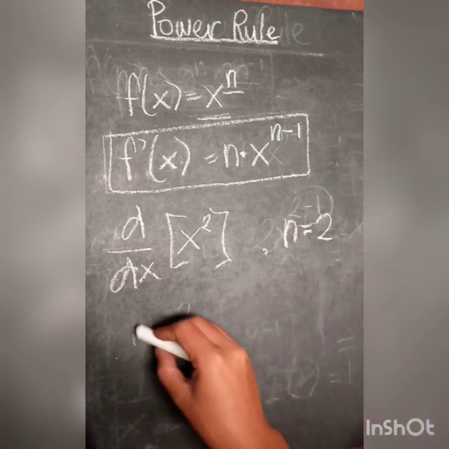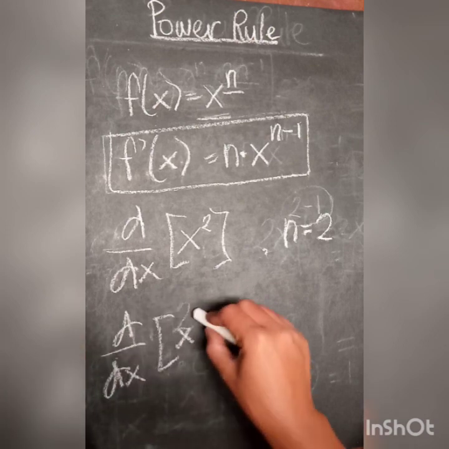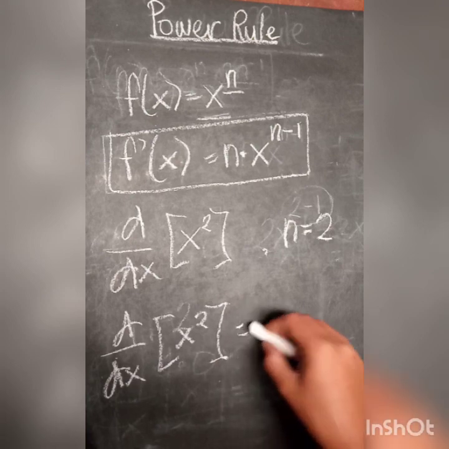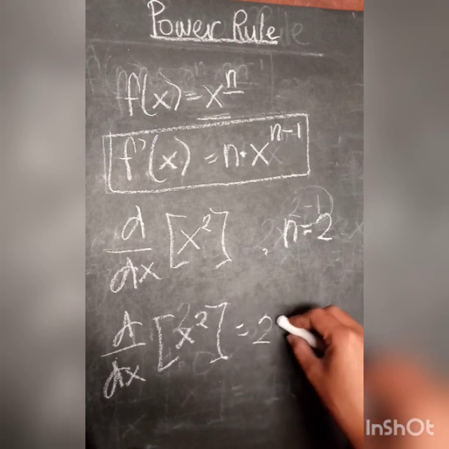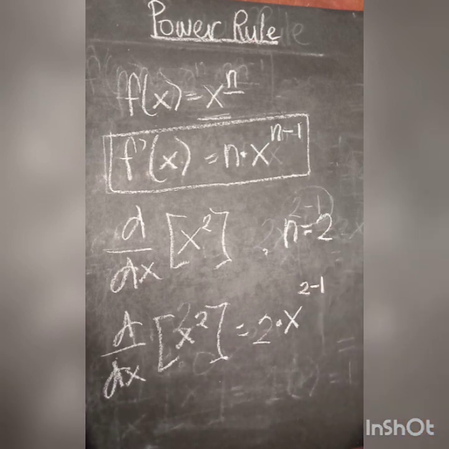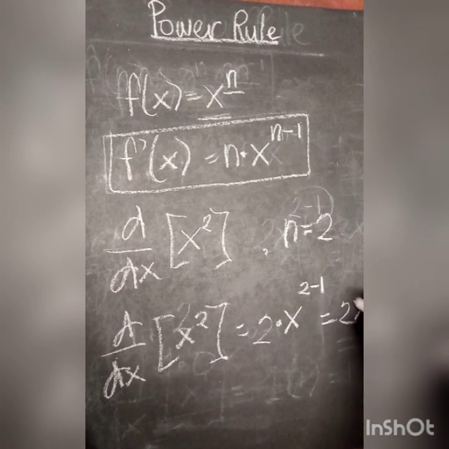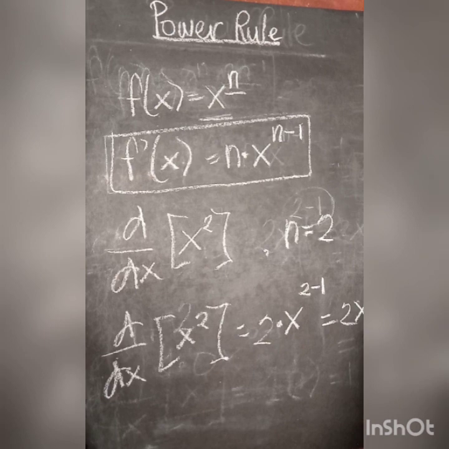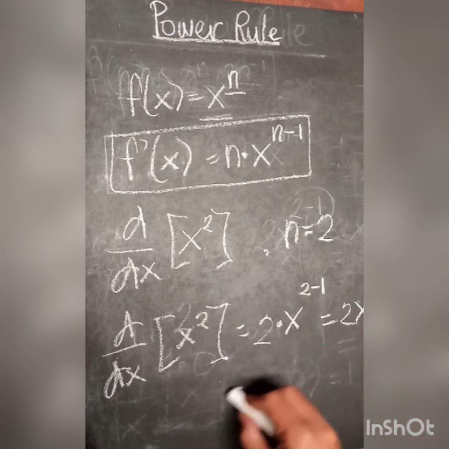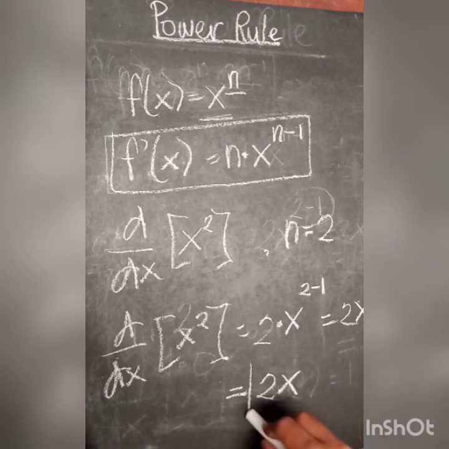So the derivative of x squared is equal to 2 times x raised to 2 minus 1. And 2 minus 1 is equal to 1. So this would be 2x raised to the power of 1, or simply 2x. And that's the end of our first example.